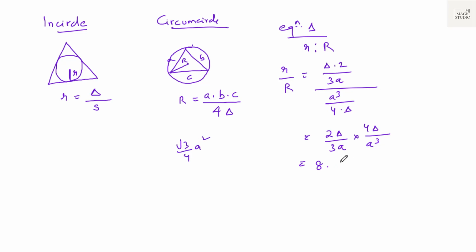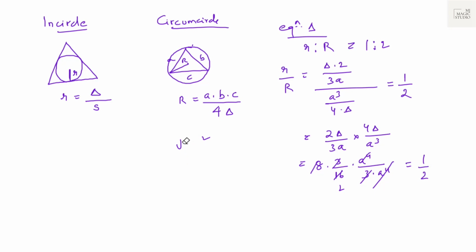Area of an equilateral triangle is root 3 by 4 a square. So it becomes 3 by 16 into a to the power 4, by 3 into a cube is a to the power 4. You can see that everything cancels out, and what we are left with is 1 by 2. So in case of an equilateral triangle, the inradius to circumradius ratio is 1 by 2, that is 1:2.